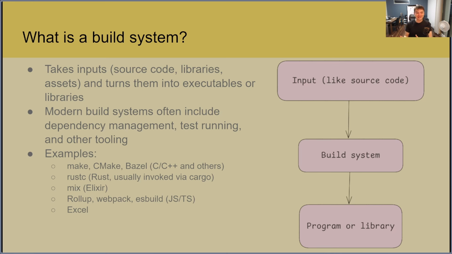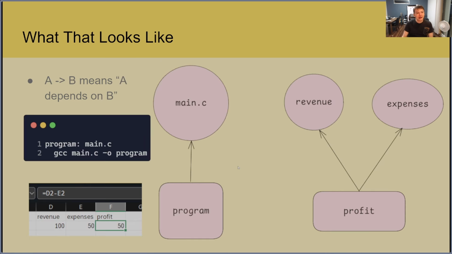I don't know if I've ever seen an elixirc invocation by itself. JavaScript and TypeScript will have things like Rollup, which is used in Vite, Webpack, and esbuild, which are not exactly build systems, but they do a similar job of taking your inputs and doing something with them so that they're ready for the browser or whatever. And then the truly cursed one is Excel, which is cursed knowledge that I will now burden all of you with. And so what does that look like?